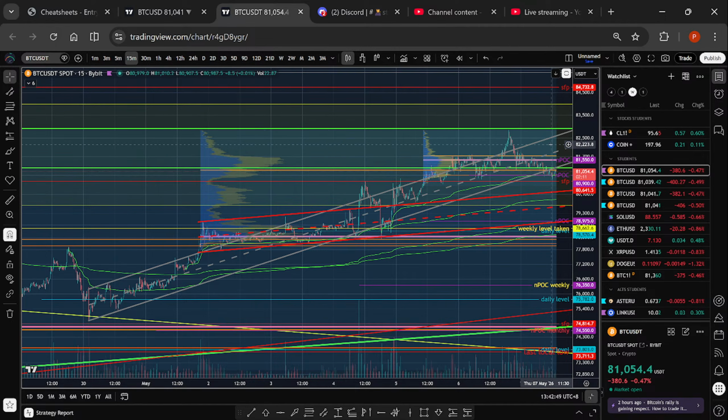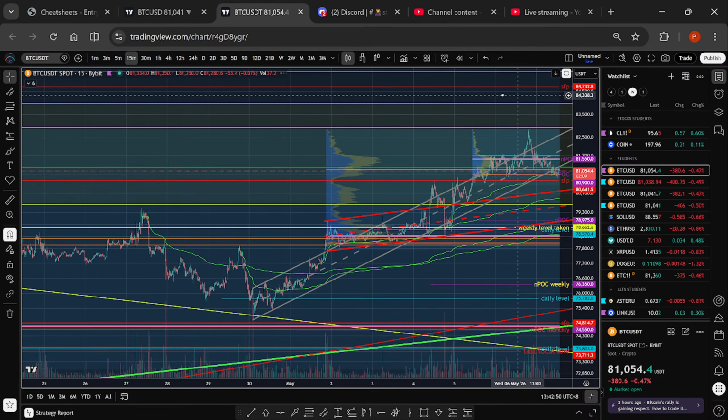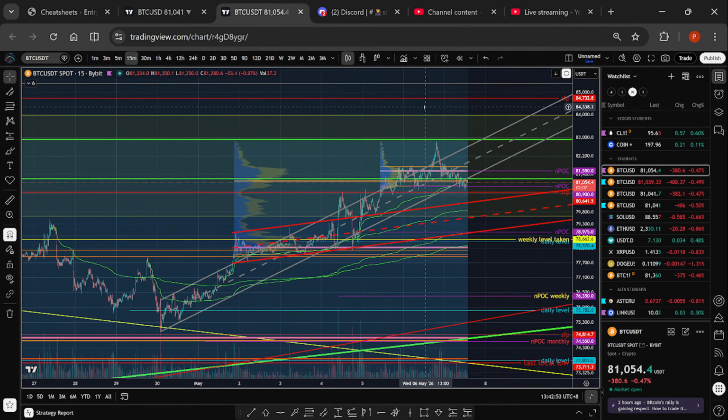Okay, if I was looking for a trade right now, there isn't one. The only trade is a long, because if you're going to short, well, you'd have to do it here. You can't short here. We're hitting this MPOC right at the moment. We're hitting this mini fixed range volume profile right here.